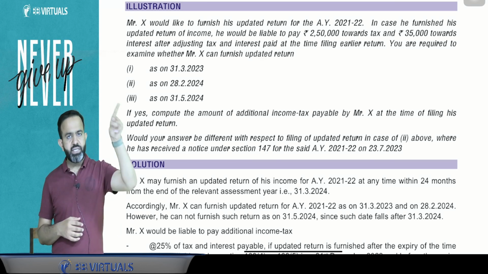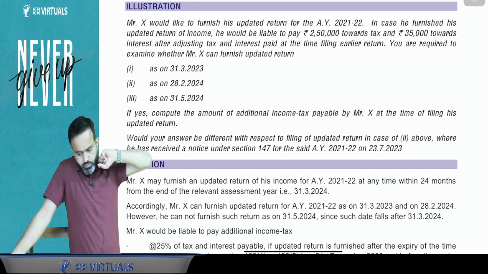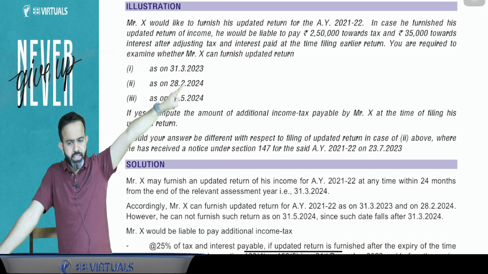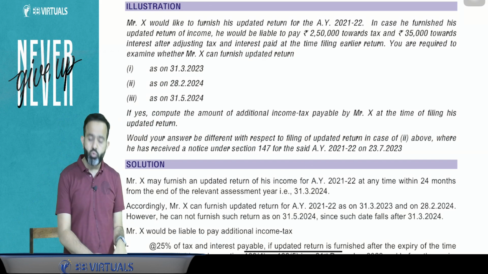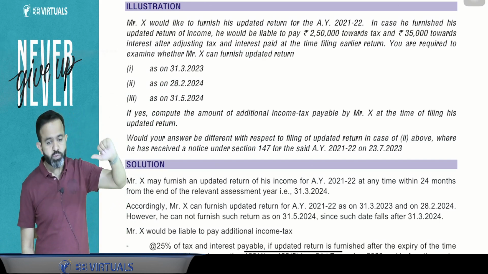So guys, assessment year 21-22 will end by 31st March 2022. So on 31st March 2023, can he file the updated return? Answer is yes, because till 31st March 2024 he can file the updated return. But he has to pay additional tax of 25%, and 25% means 2,85,000 multiplied by 25% comes to 71,250.